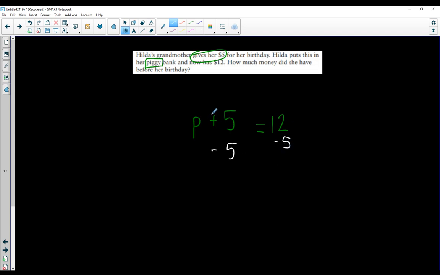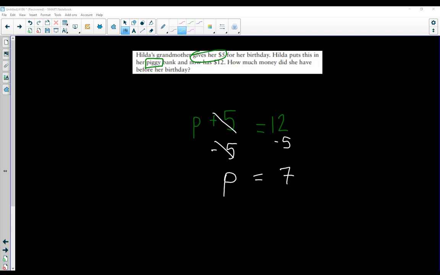Add 5, subtract 5 would give you a balance of 0, so we get the variable P all by itself. Now, 12 take away 5 is 7. So what we're left with is P equals 7.